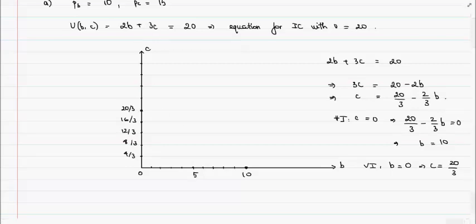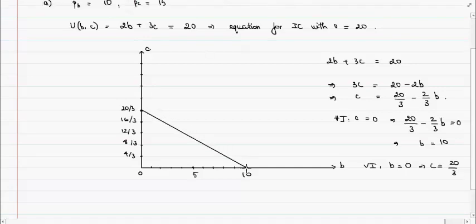So I have the vertical and horizontal intercepts. If I connect these two points together, I get a straight line, and this is the indifference curve corresponding to a utility level of 20.